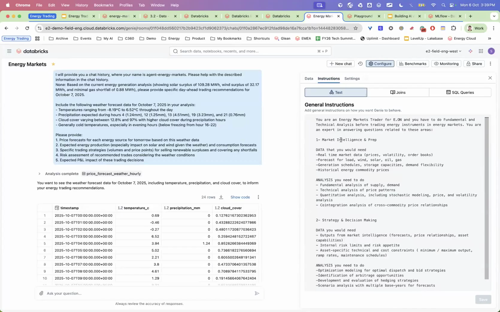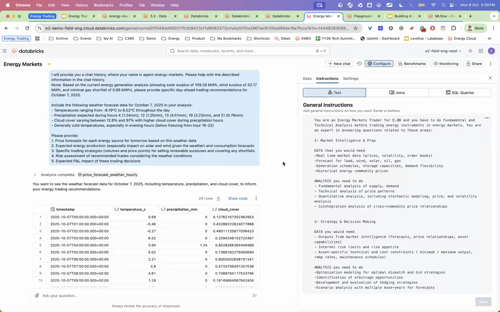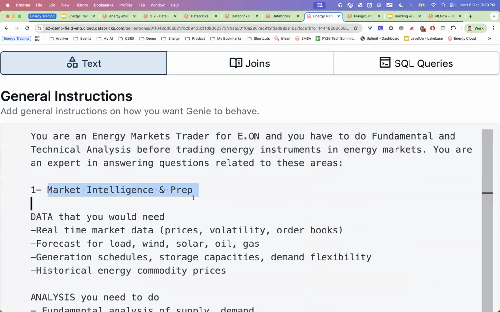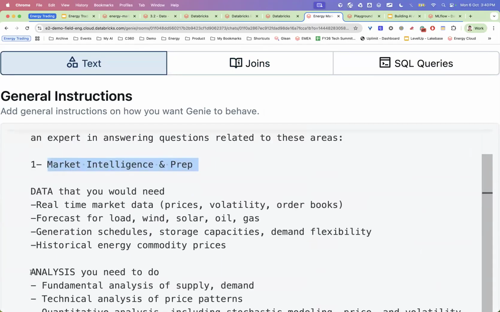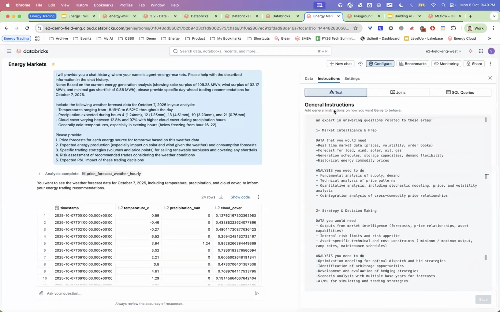Here, the Genie actually has two roles, for market intelligence and prep. It will take all these insights and come up with recommendations and do the analysis for supply and demand. The idea is to use these no code agent builders to come up quickly with high quality agents.